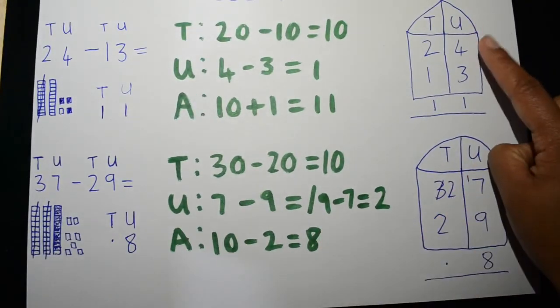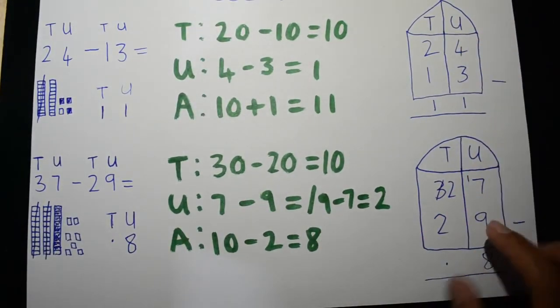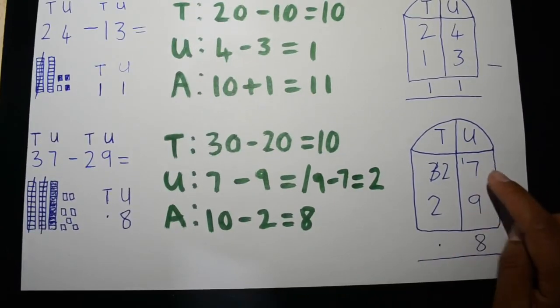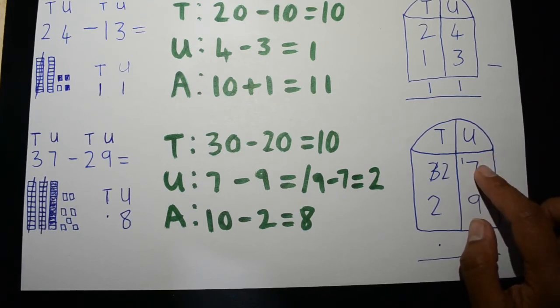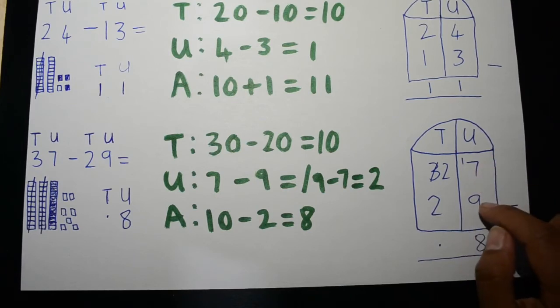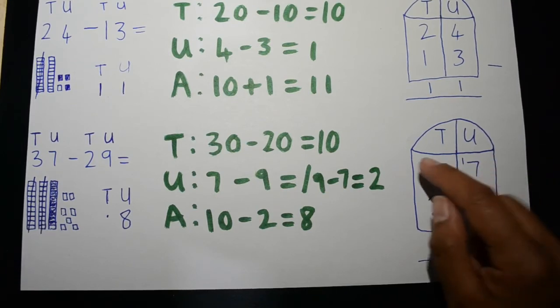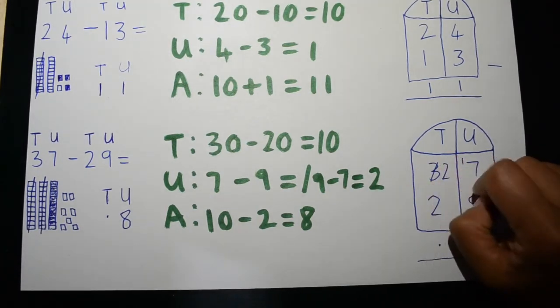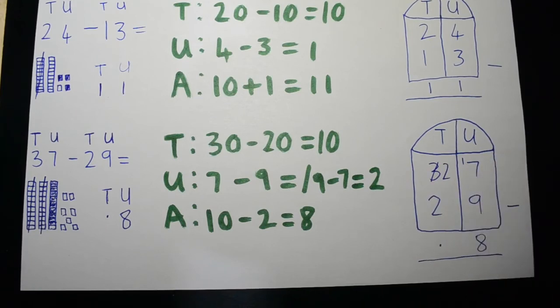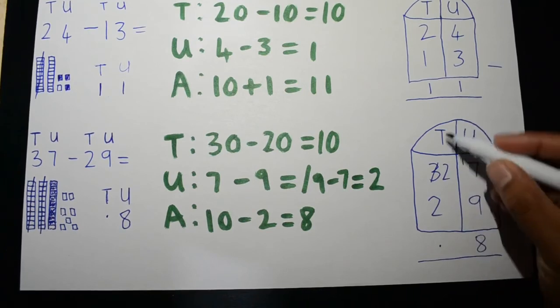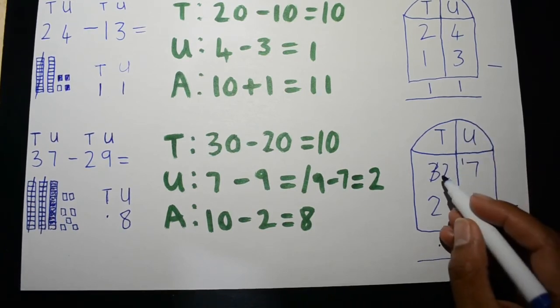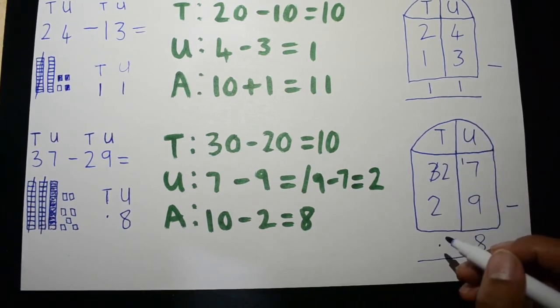And then we come here and we say, oh sorry, here is 7 minus 9. But remember, with a house you can't say 7 minus 9, because I have 7 and I can't take away 9 things. So I'm going to borrow a 1 from here. So here there's 3 things, and I'm just going to take 1 ten from there.